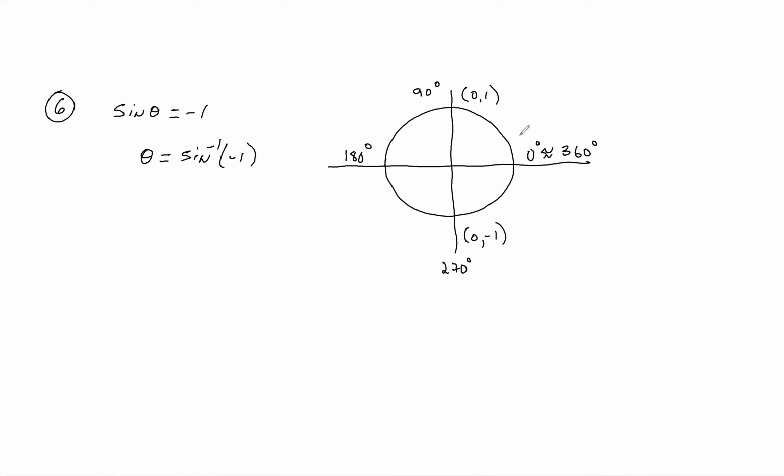So since sine represents the y-axis, when sine is equal to -1, it is exactly at 270 degrees.